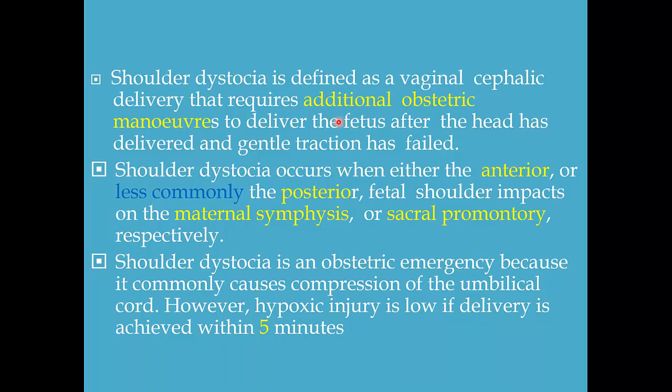So shoulder dystocia occurs when either the anterior, or less commonly the posterior, fetal shoulder impacts on the maternal symphysis or sacral promontory respectively. Most commonly it is the anterior shoulder impacting against the maternal symphysis, or less commonly the posterior shoulder against the sacral promontory.